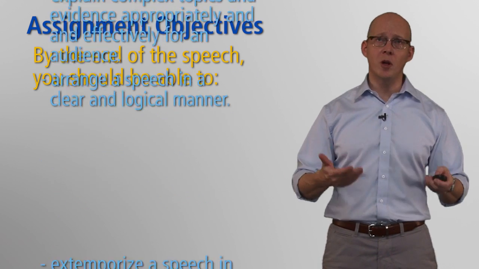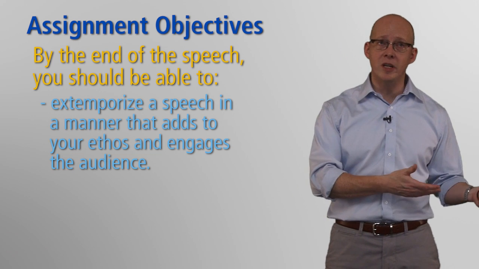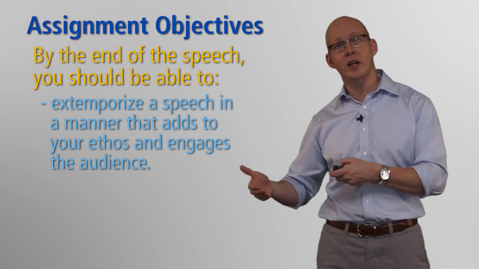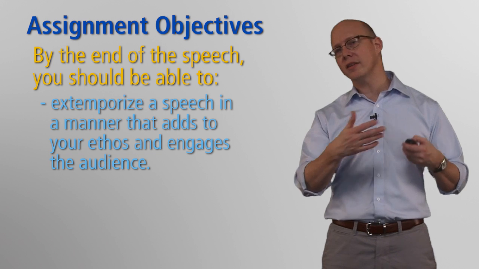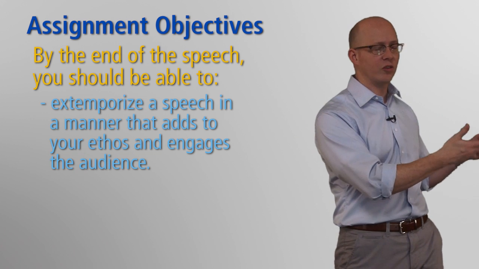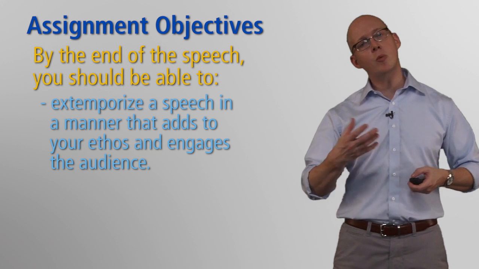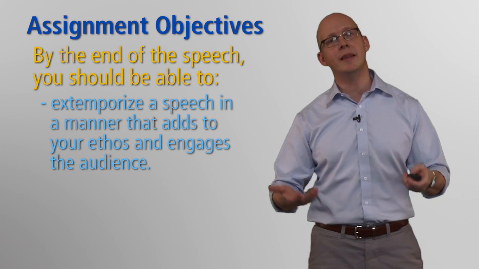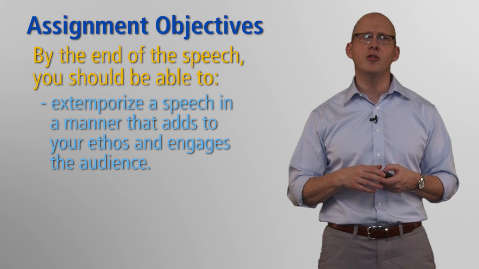You should be able to extemporize a speech in a manner that adds to your ethos and engages the audience. And so here, the extemporizing is in many ways the same as it was in the impromptu, but now we get into this performative category of ethos. And so in ethos, we're thinking about how you are performing your expertise on the topic.